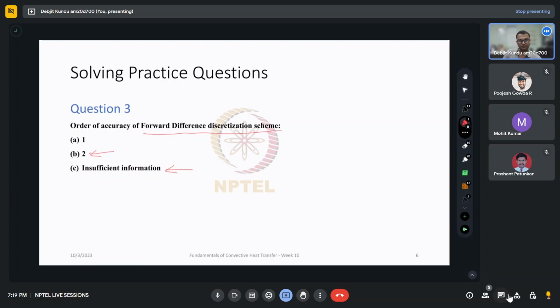Yeah, so the correct solution indeed is option C, insufficient information. So one of you responded correctly. Well done. But why is it so? What is the information that should make this sufficient? What other information do you need to know?